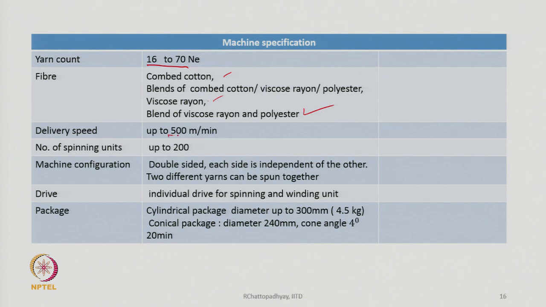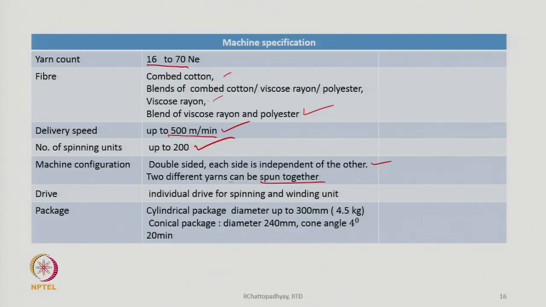Delivery speed, as stated by the machine manufacturer, can go to 500 meters per minute, but typical industrial speeds are 350, 380, maybe 400, around that. Number of spinning units is 200 in a machine. Machine configuration is double sided, and each side is independent of the other in terms of flexibility.